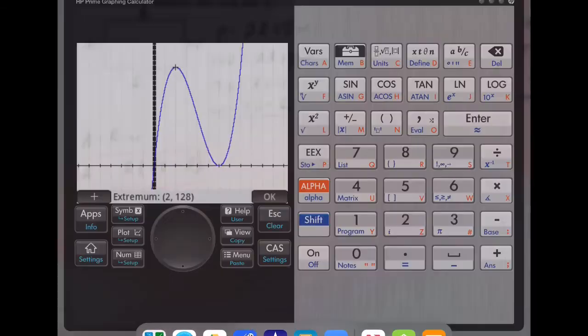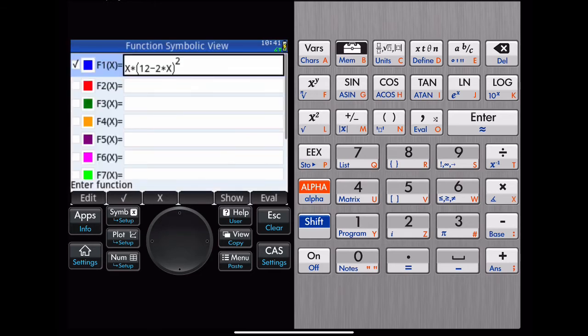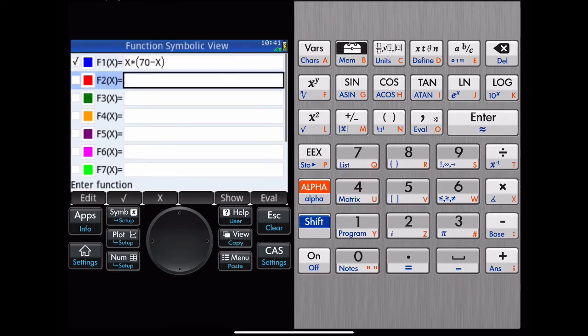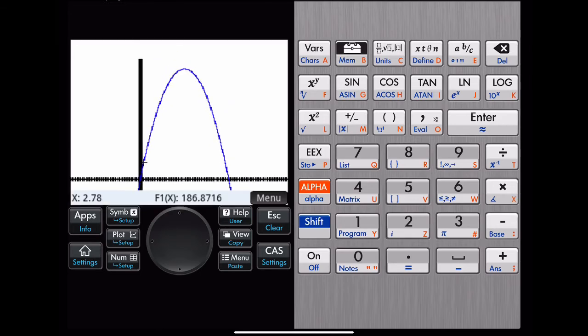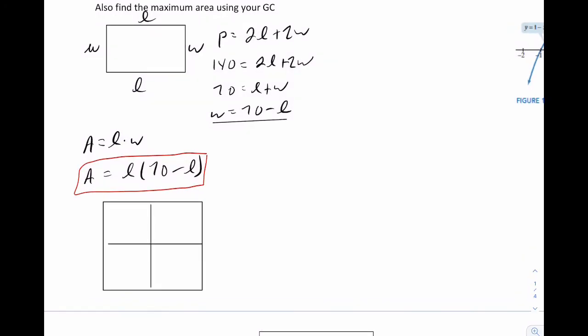So let's go back to it. We're going to type in x times 70 minus x. Let's play with our calculator a little bit so we can see it. Okay, right there. And I'm going to do extremum. So I have 35, 1,225.